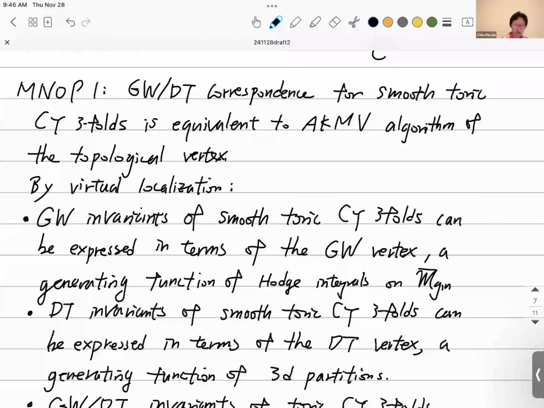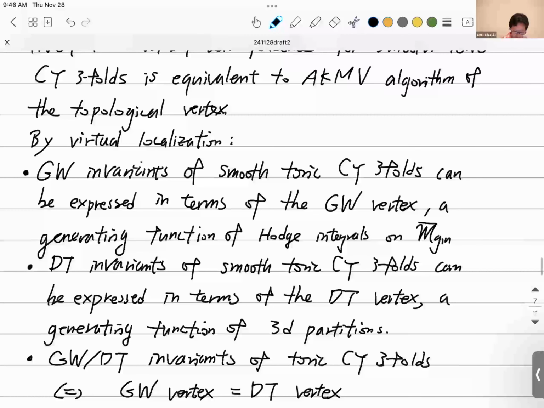On the other hand, the DT invariants of smooth toric Calabi-Yau threefolds by localization can be expressed in terms of the DT vertex. The DT vertex is a generating function of DT invariants of C3, and by localization it's a generating function of 3D partitions.